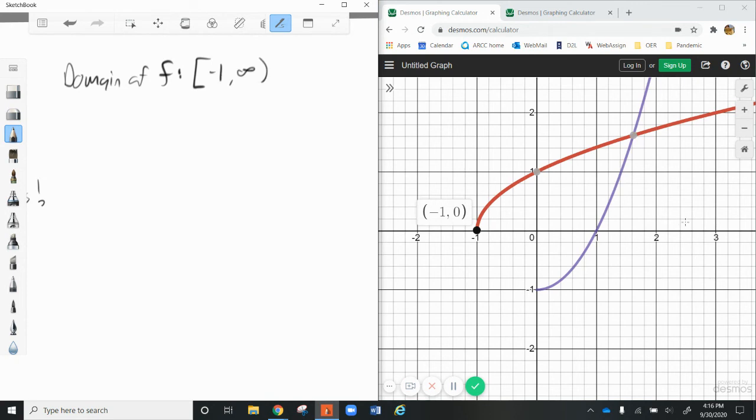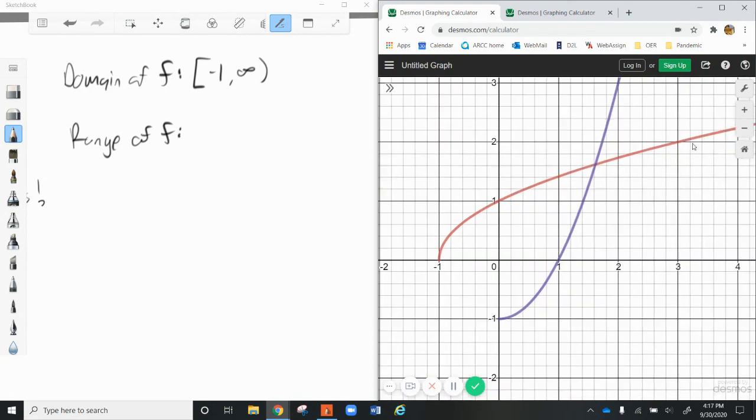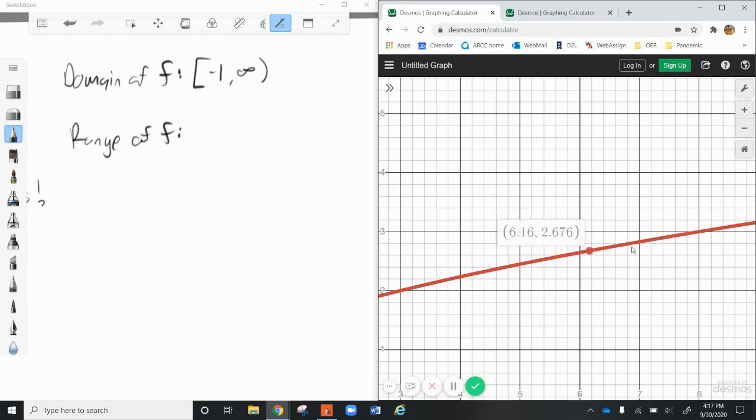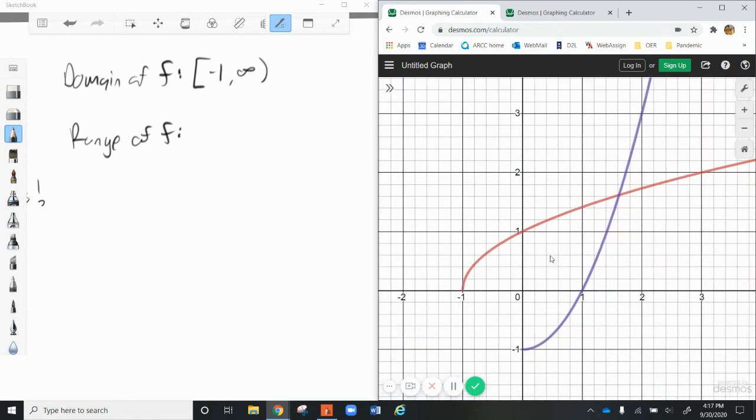The range of f is the set of y coordinates. The smallest y value on this f graph is the 0 right here, and then it goes up forever. As this goes out, it goes up and up and up. So the range is from 0 to infinity.